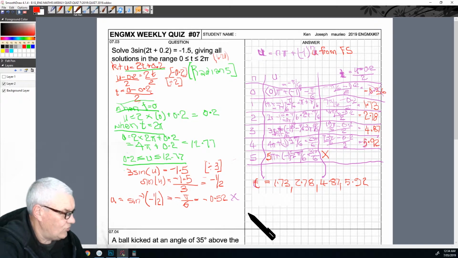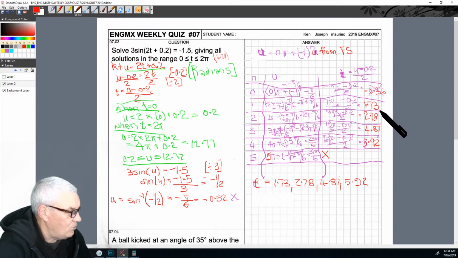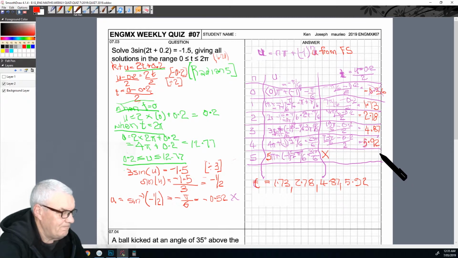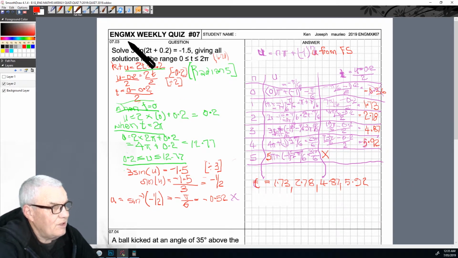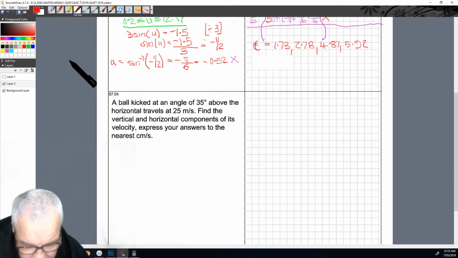That gives us 4 answers within the range, which is 0 to 2 pi. We know that this one at 0 is negative, so that's not going to fit. So that's got to be the first solution there, and there, and there, and then the next solution's too big. Alrighty, so let's go to the next question. Wow, that took quite a bit of time.